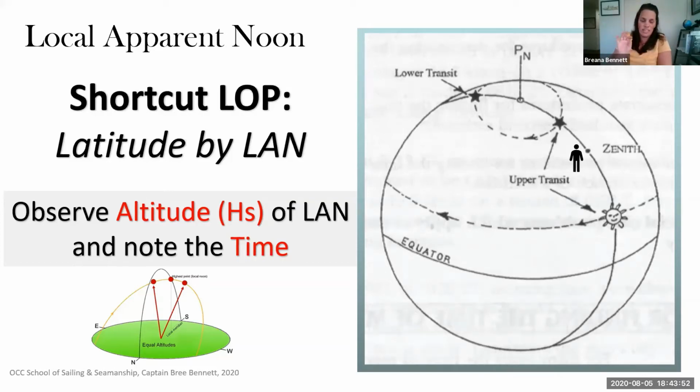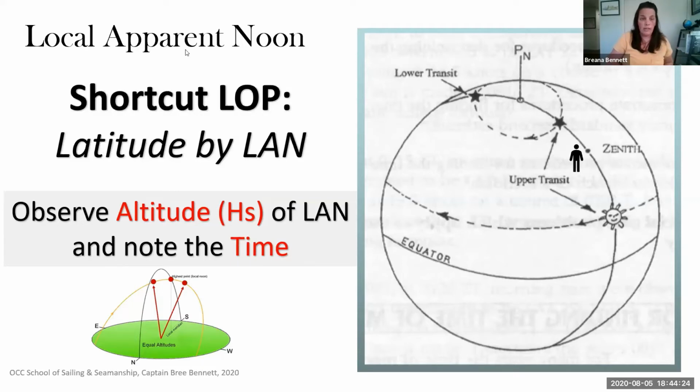The calculations for that are really complicated. We are definitely not going to get into that, but it's possible. When we do our little calculation for LAN, it's a little bit different for the backside or a lower transit. So we're mainly focusing on the upper transit or meridian passage of a body, specifically the sun for LAN.